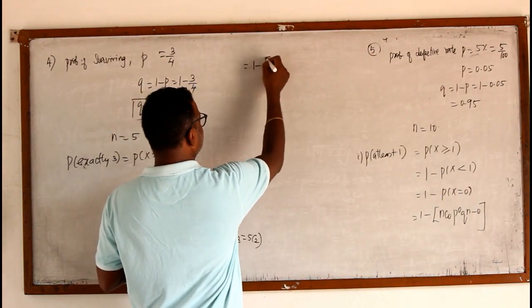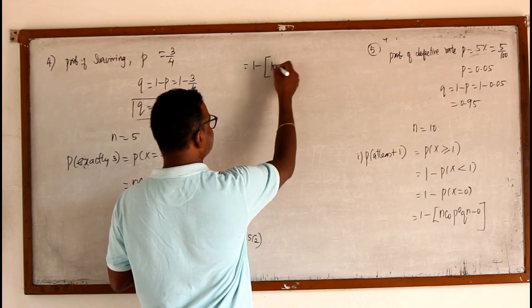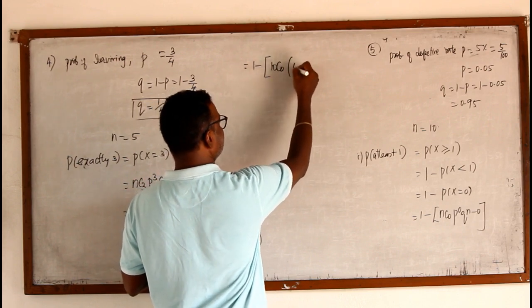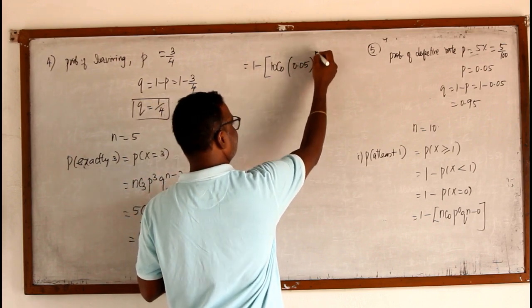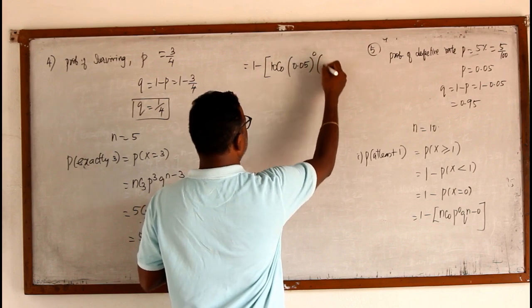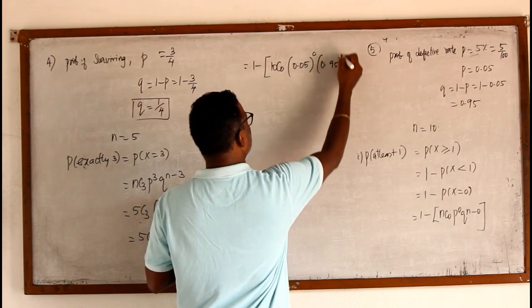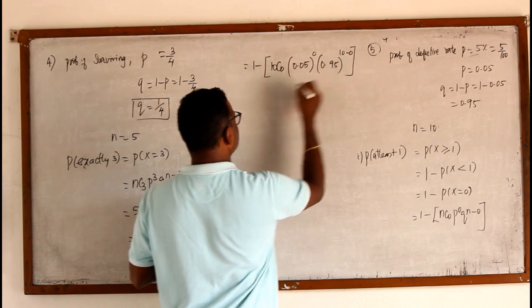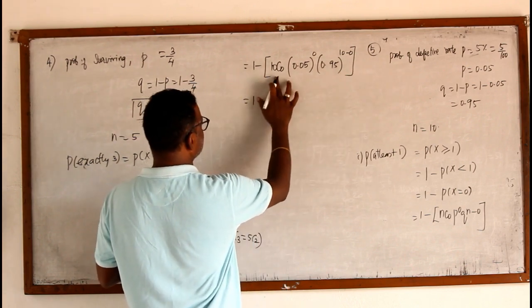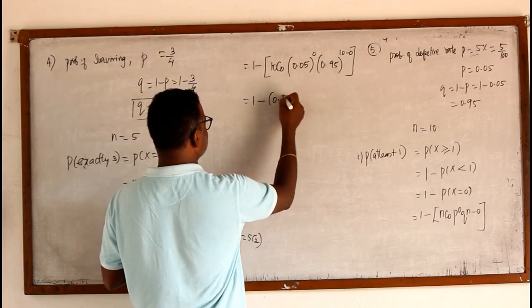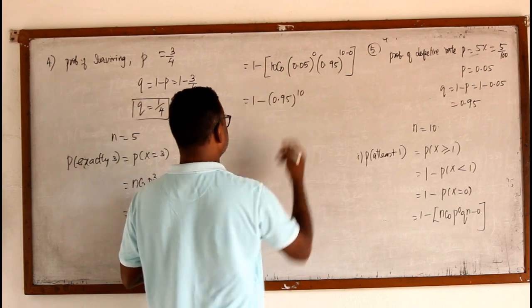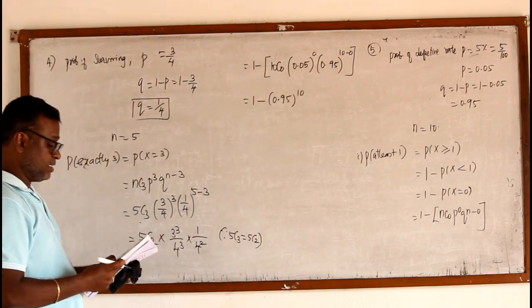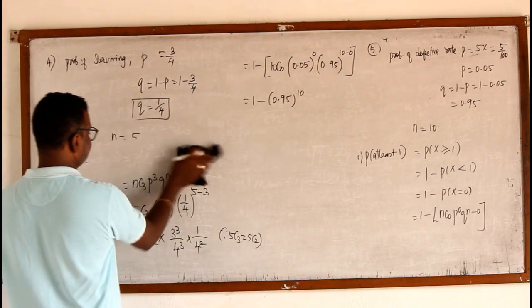That is 1 minus 10C0, 0.05 whole power 0, 0.95 whole power 10 minus 0. It is 1 minus, this one is 1, this one is 1, 0.95 whole power 10. This is our first question answer.